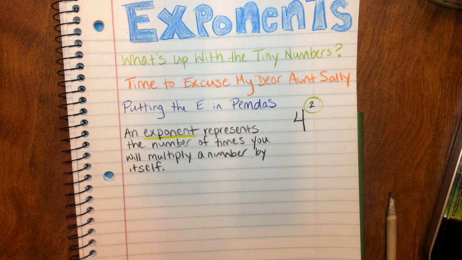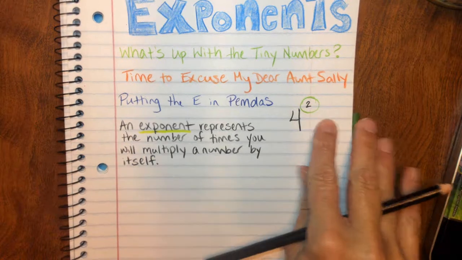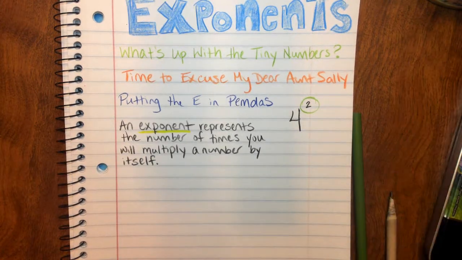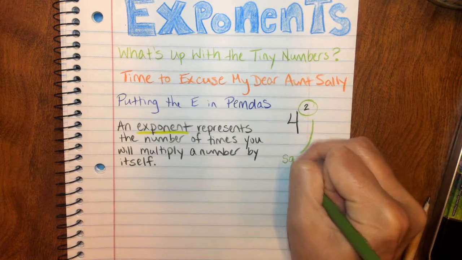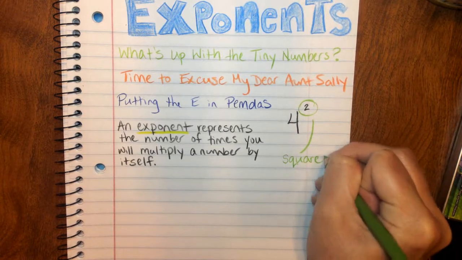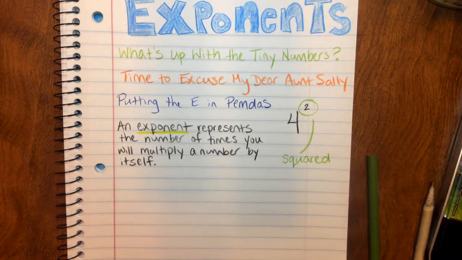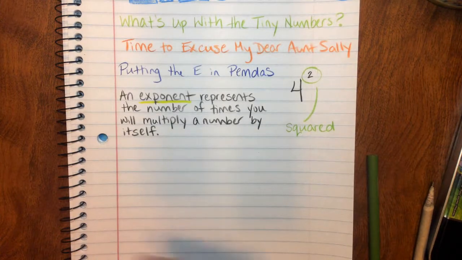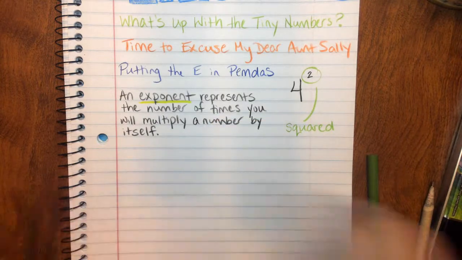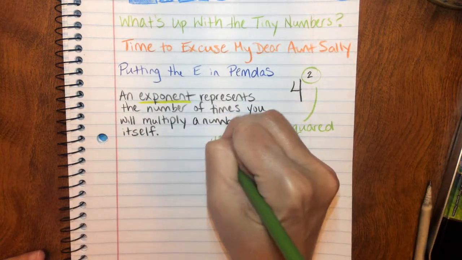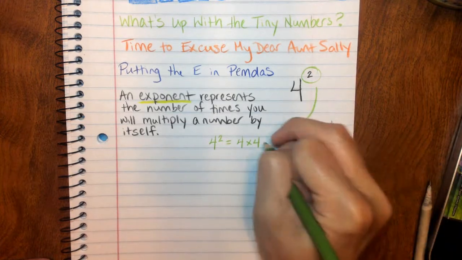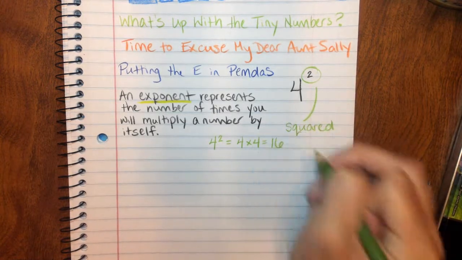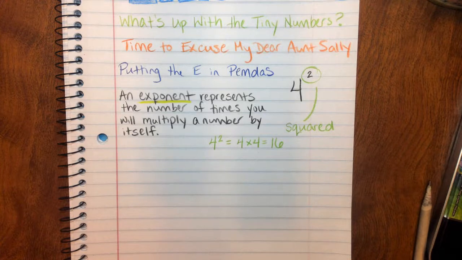So when we see a 2 like this, we usually use the phrase squared, okay? And so this would be 4 squared, okay? So 4 squared is the same as 4 times 4, okay? Which is the same as 16, okay?